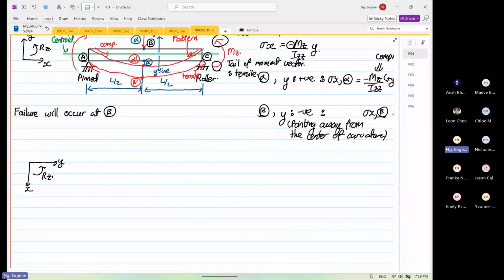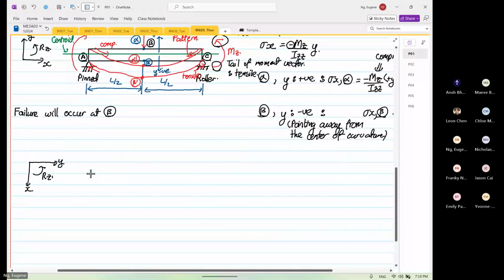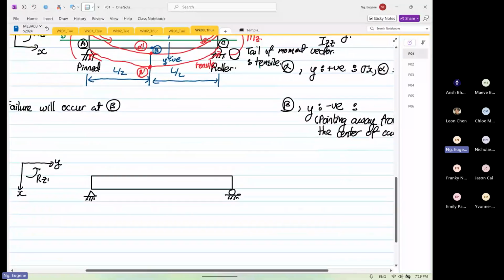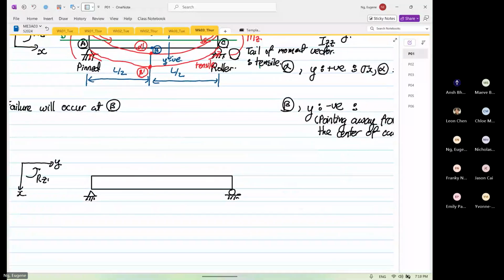So now I'm still going to draw the beam. Again, one side is on a pin, the other side is on a roller. Now what I'm going to do is put P in the opposite direction.